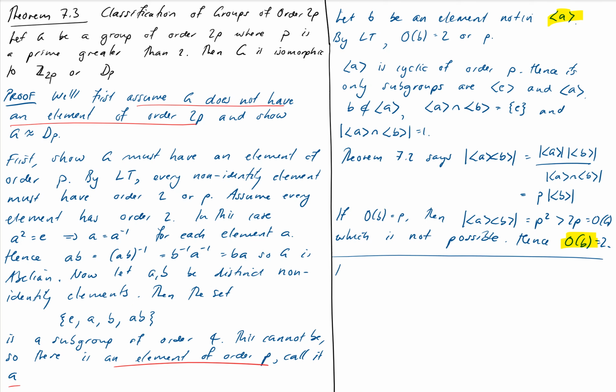So by Lagrange's theorem, we can actually use this cyclic subgroup to partition our group into 2 pieces using cosets.